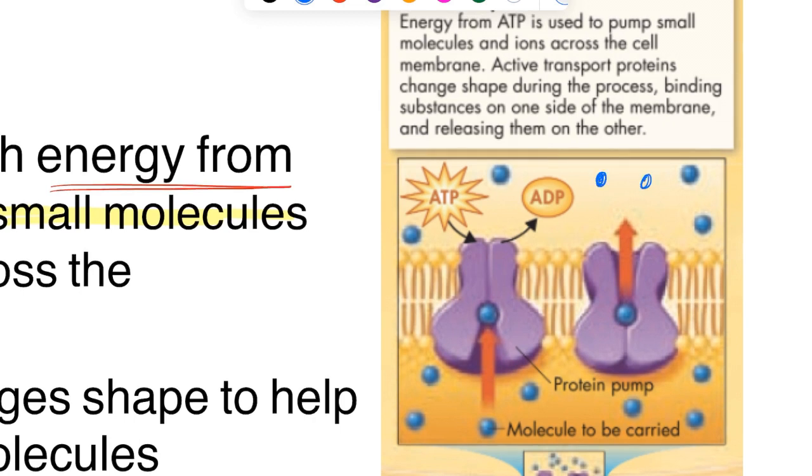I'm going to draw in some more circles on the outside so I can make this picture true to what we want it to be. So add in some circles. Because as you can see in the picture, the particles are moving from inside the cell to outside the cell, and if this is a protein pump, it's supposed to be moving things from low to high. So I just want to make the picture be true to that.